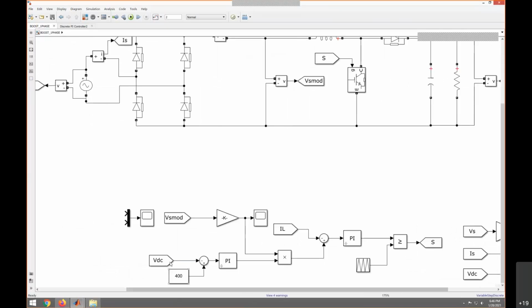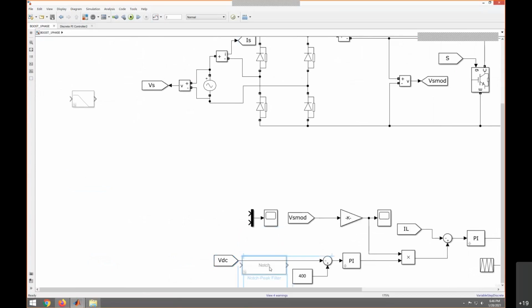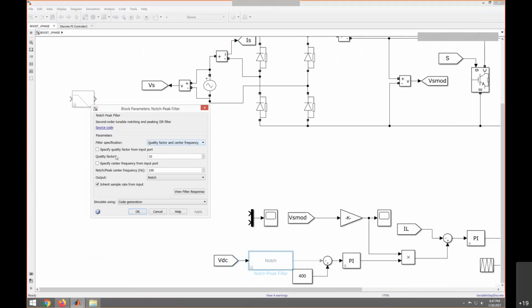Therefore, we need to insert a notch filter. This is the notch filter. If you open it, here we need to take some quality factor. You might have studied in another course, maybe power quality, how to design a passive filter.